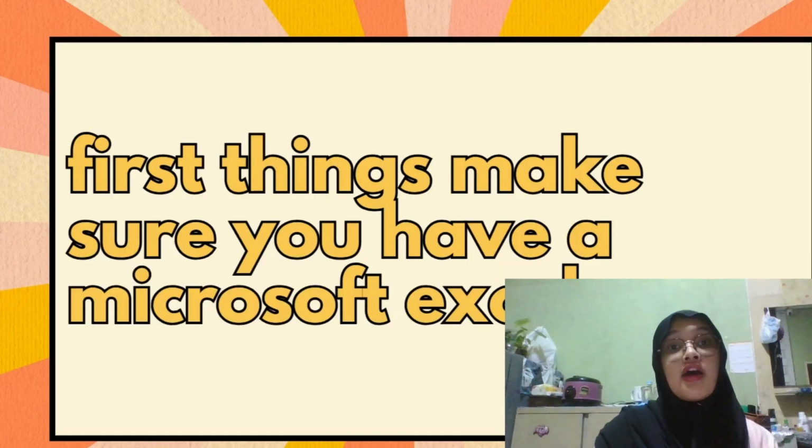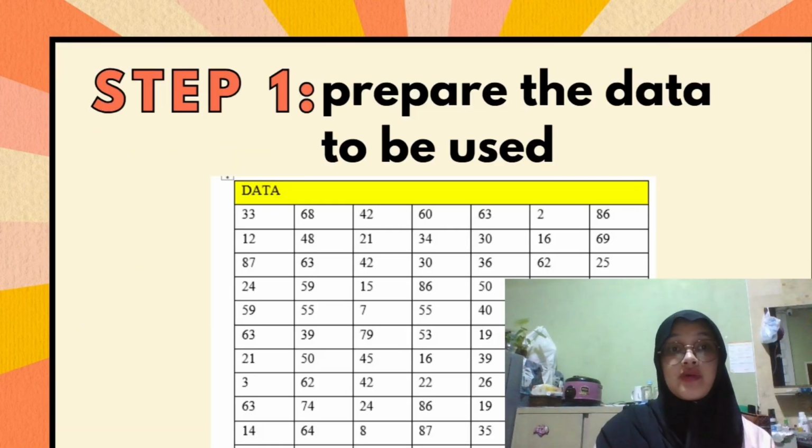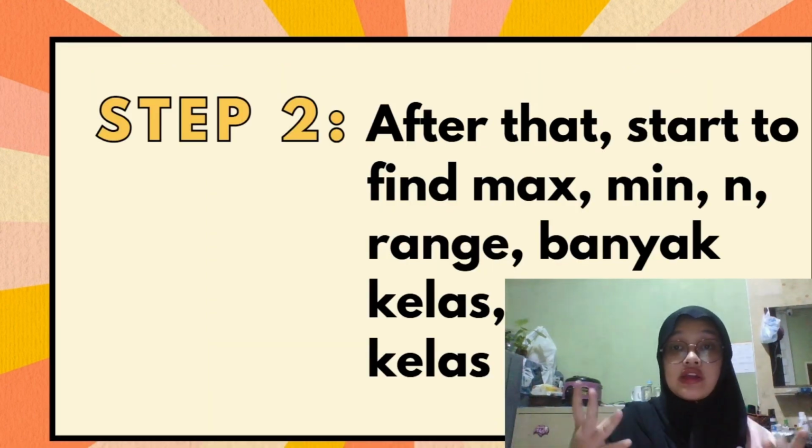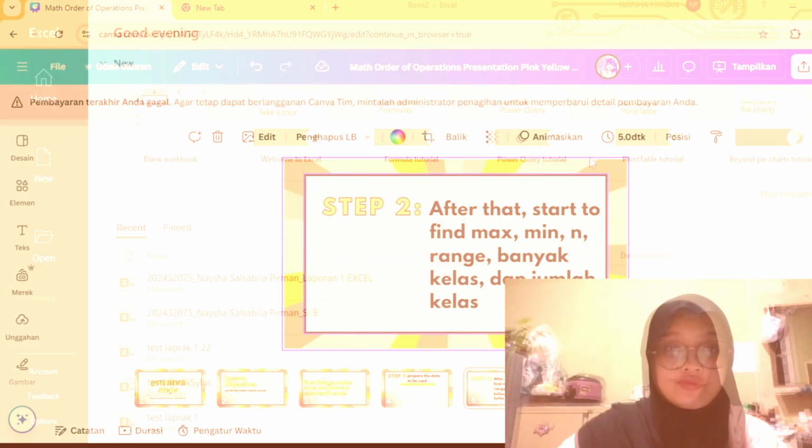So next, first things to make that you should make sure that you have a Microsoft Excel. And next, you should prepare the data, and then I will give you an explanation, a tutorial how to make all of this. Okay. Alright.